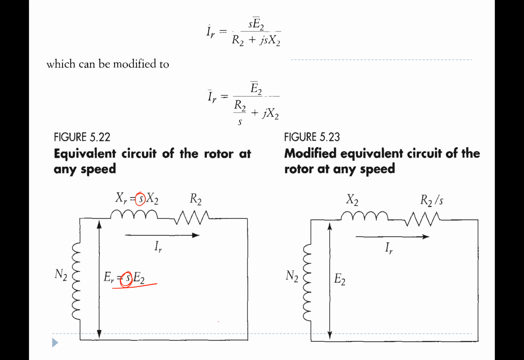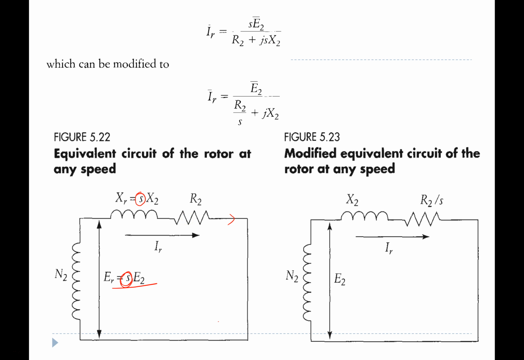So what we're going to do now is look at the current in the rotor, IR, which is simply the voltage sE2 divided by the total impedance R2 plus jsX2.